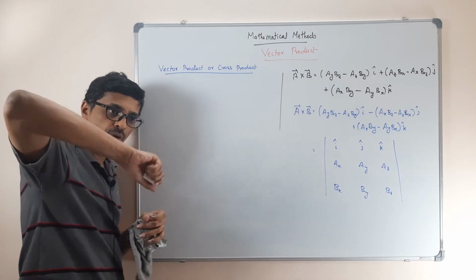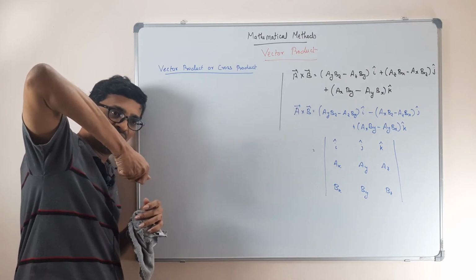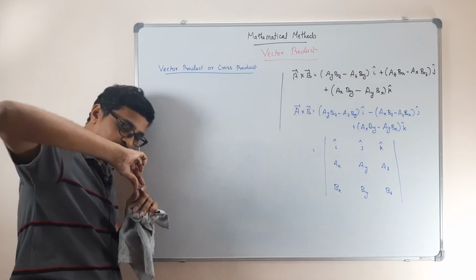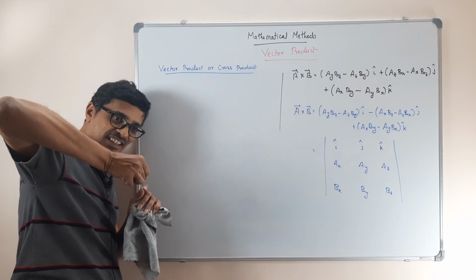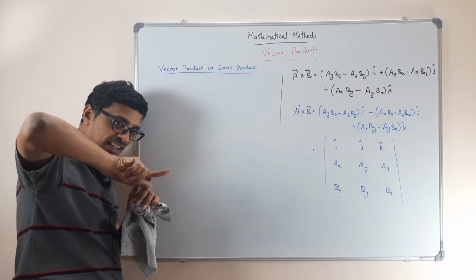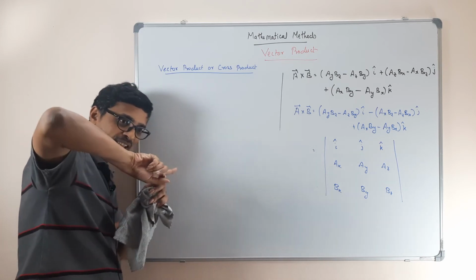For example, you have a screw and you are twisting it. The screw is sitting there only, but it is rotated by an angle, correct? So there you have the angle.